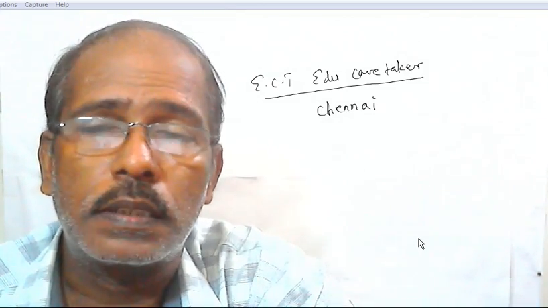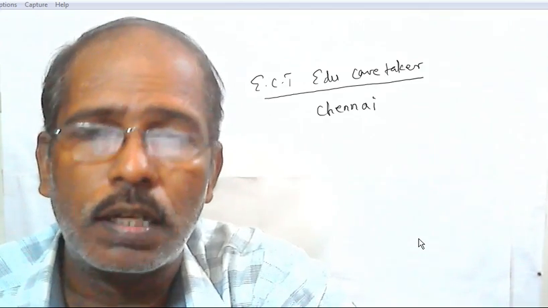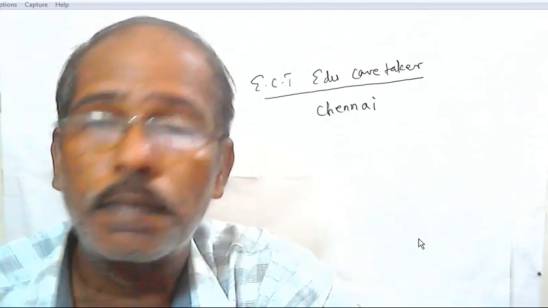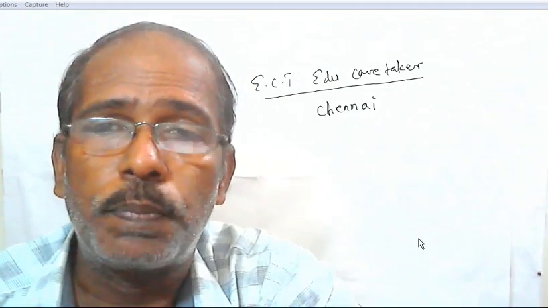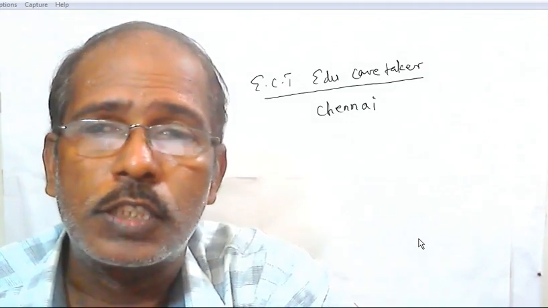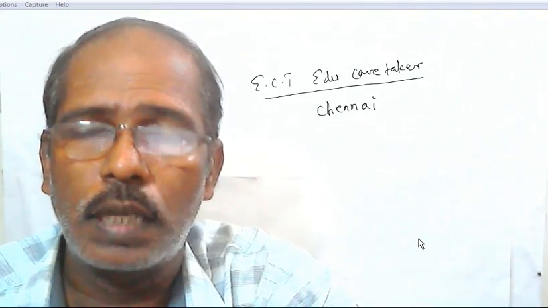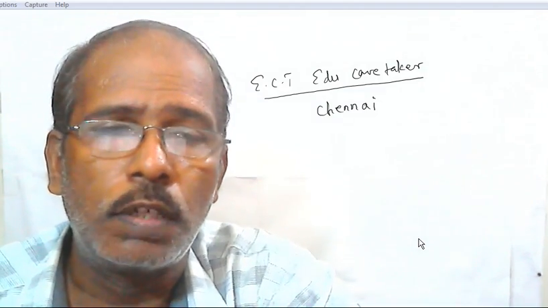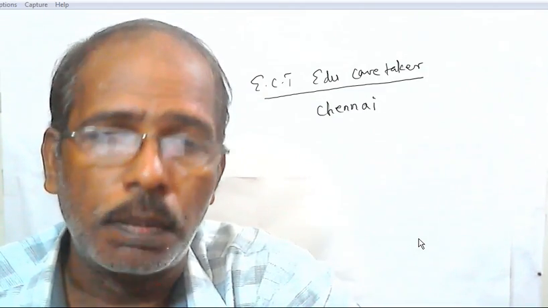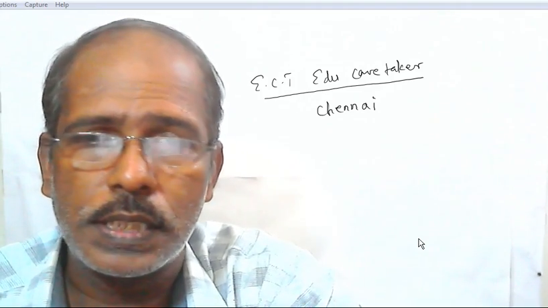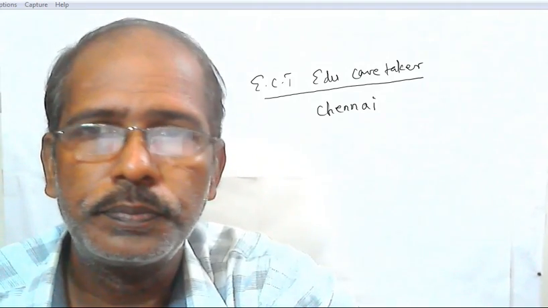In the first part we discussed just the introductory concepts about relation and function, and a few problems from exercise 1.1. In this class we are going to continue exercise 1.1, the rest of the problems. Let us start our session now.